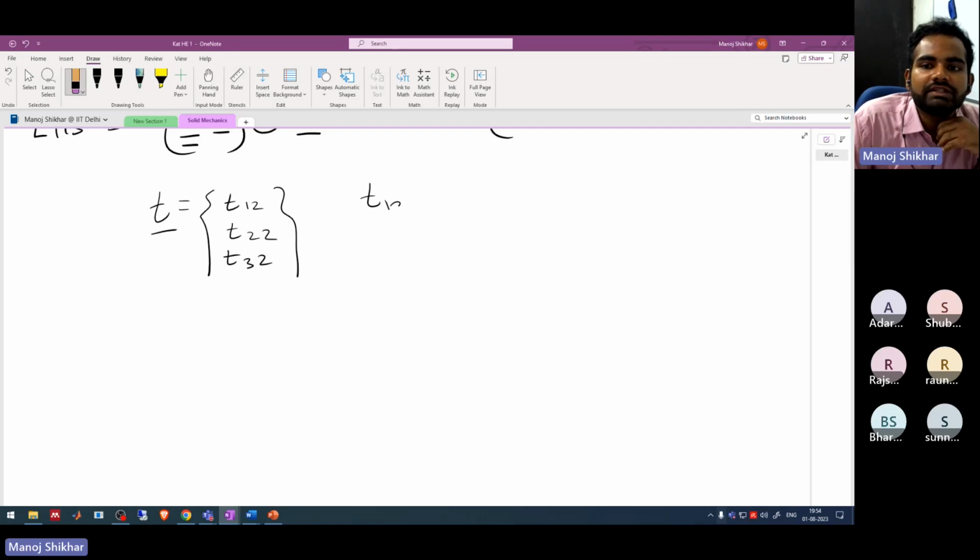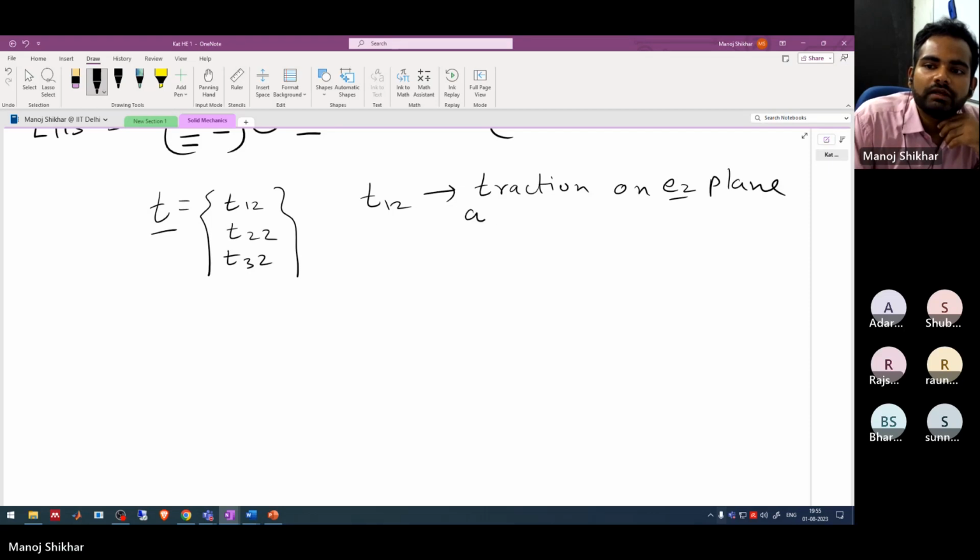So T12 actually means traction on E2 plane along E1 direction.